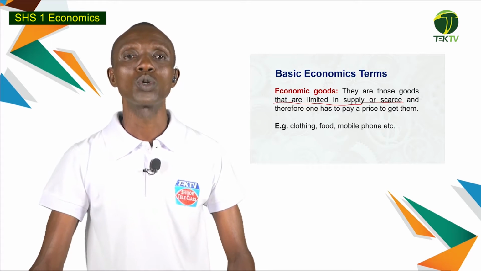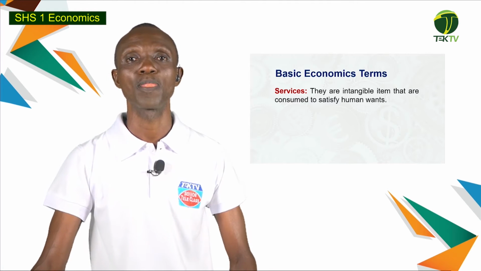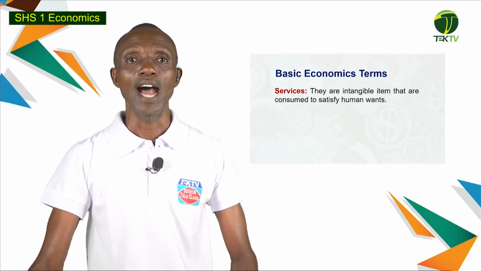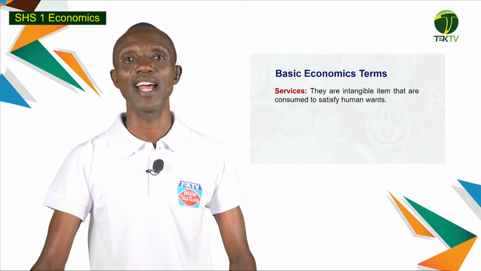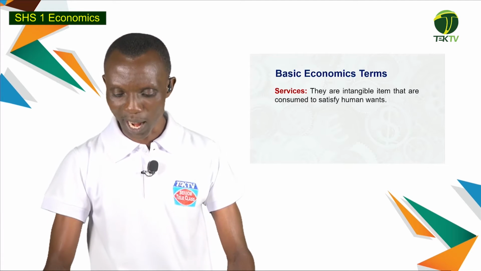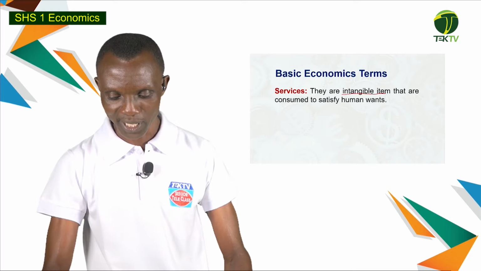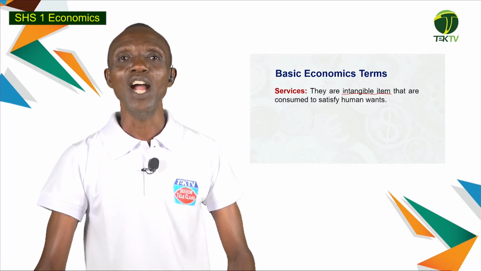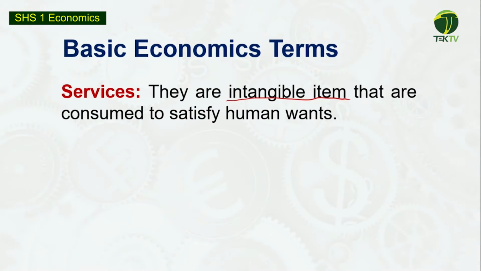Good. We could also talk about services, as different from goods. And these are intangible items, I'm emphasizing, that are consumed to satisfy human wants. So we are saying whilst goods are tangible items needed to satisfy human wants, those intangible items that are needed to satisfy human wants are services.